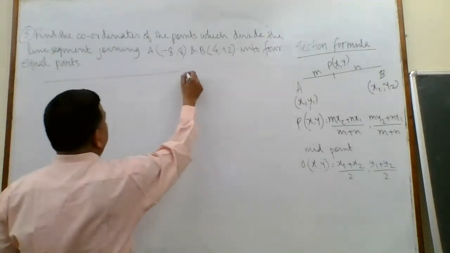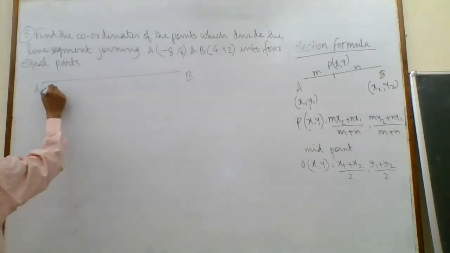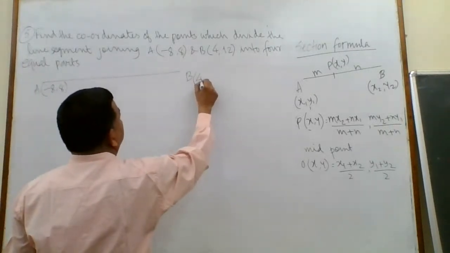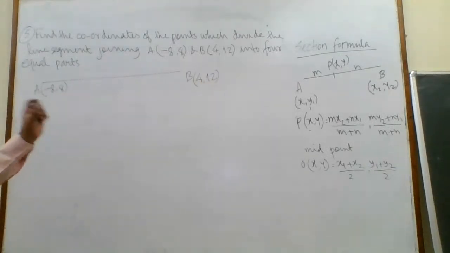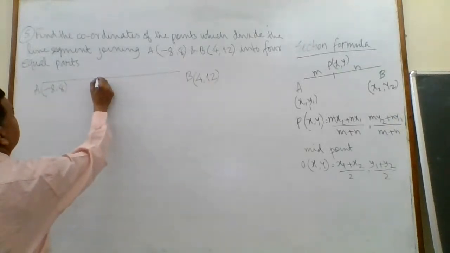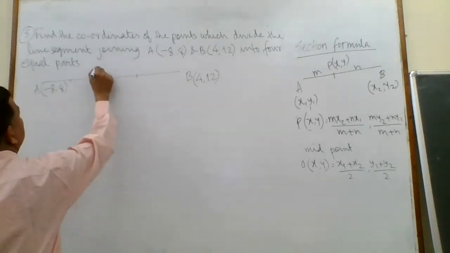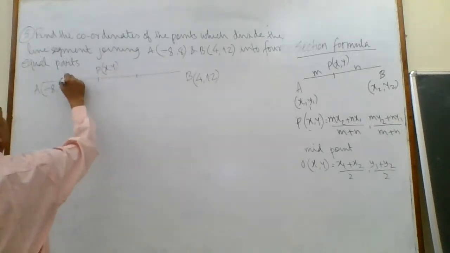First, let us take a line segment. Suppose it is AB. The coordinates given are minus 8, 8 and 4, 12. It is being divided into 4 equal parts. So who can do it? 3 points. Suppose one of the points is P, whose coordinate is XY.